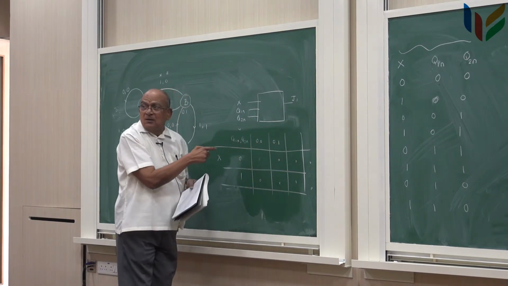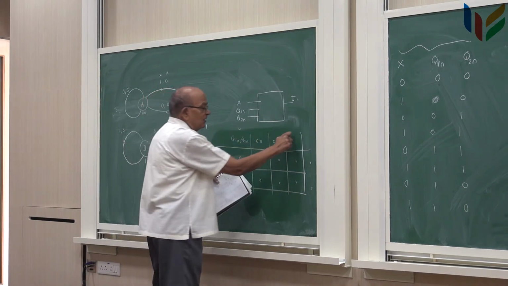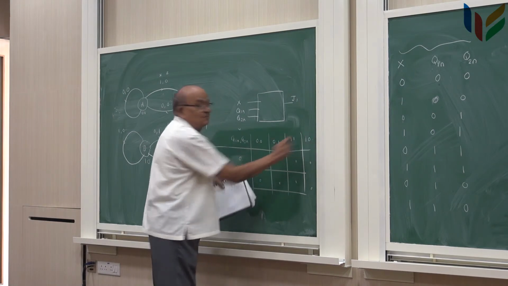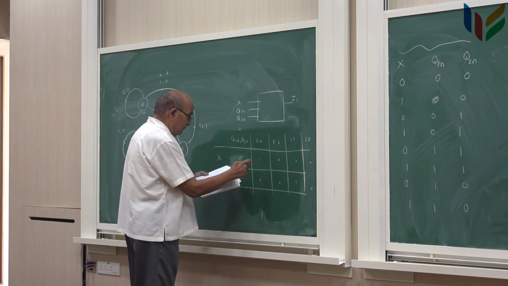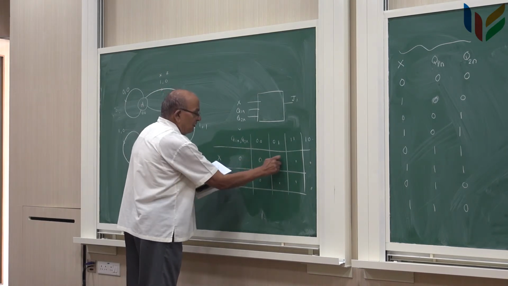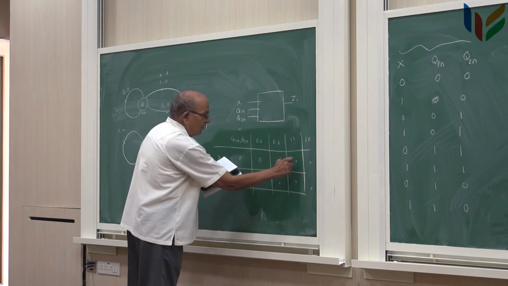What is the next one? It has to be 1, 1, right? So in this it comes out to be don't care, don't care, 0, 0, don't care, don't care.